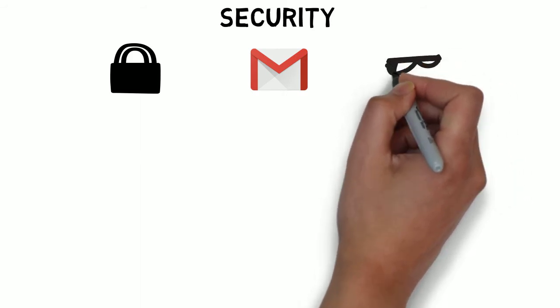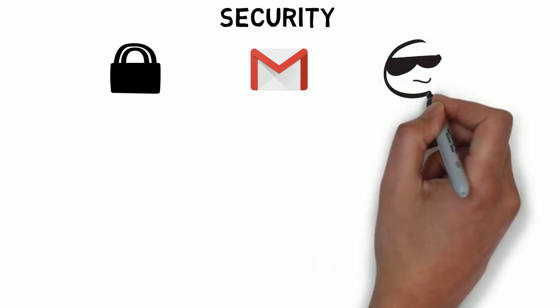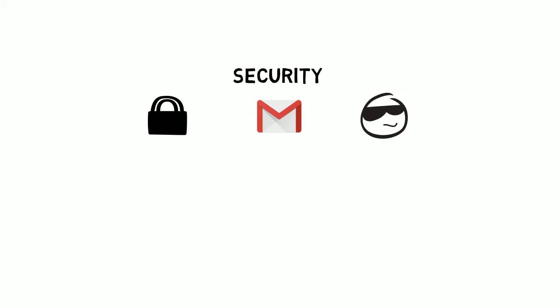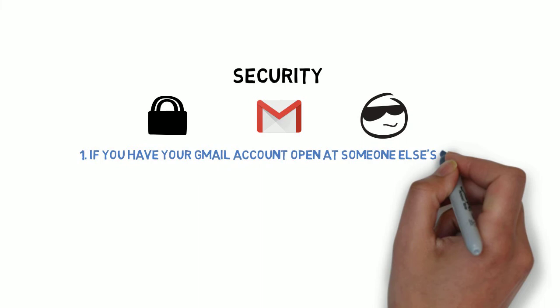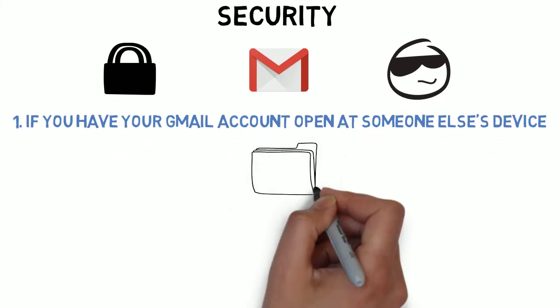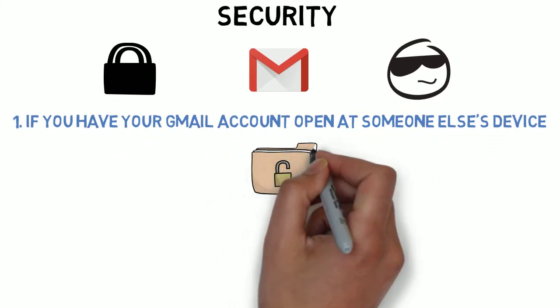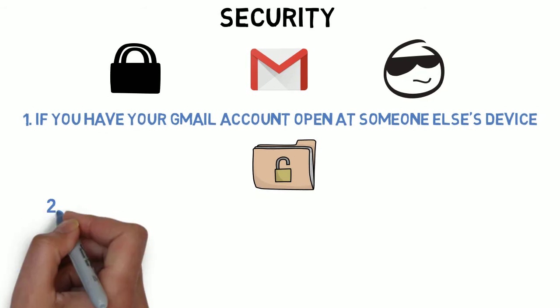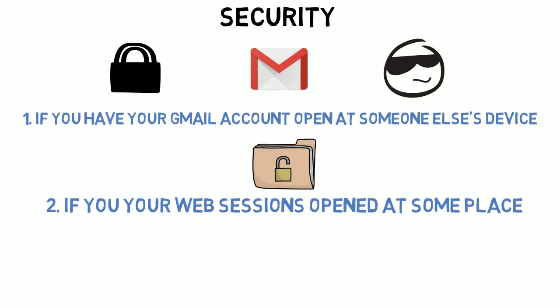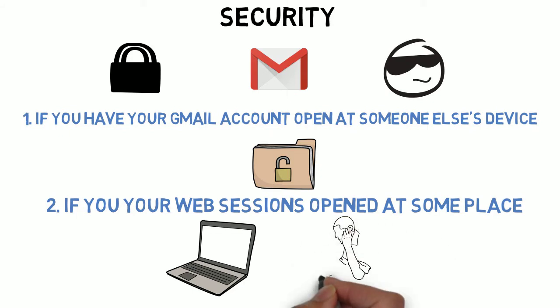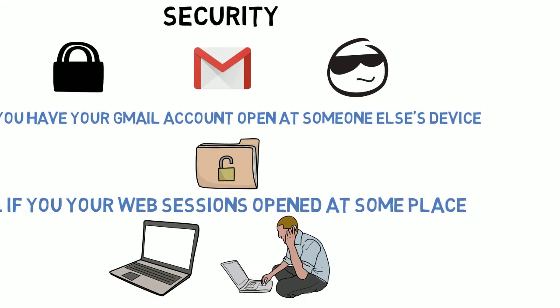So this week make a check of your Gmail account, because in this video I will be telling you how to check if your Gmail account is accessed by someone else in the smartphone, and how to sign out web sessions of your Gmail account if you have accidentally left it open at a computer cafe or at your friend's laptop or computer. So without wasting any more time, namaste friends, let's begin.